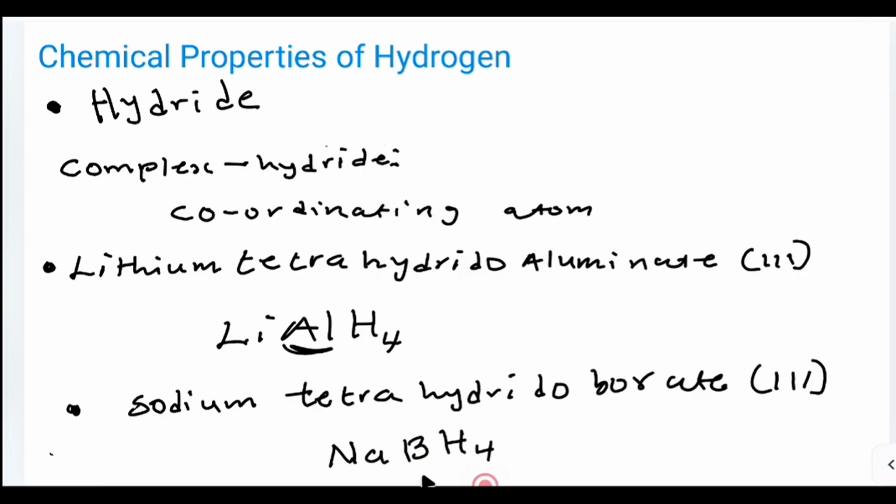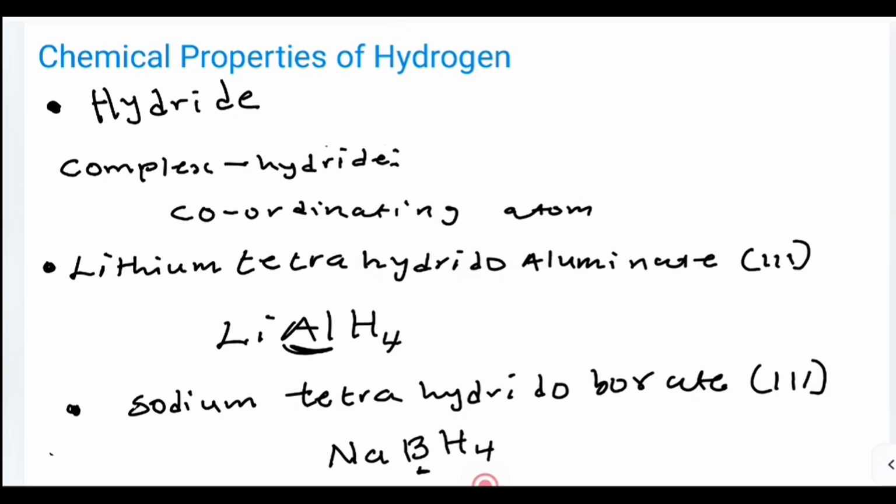And again, the coordinator is boron. Okay, so what have I said so far? Hydrogen reacts with other elements to create something we call a hydride. We have seen ionic hydrides, we have seen covalent hydrides, and what we just saw now is complex hydride.